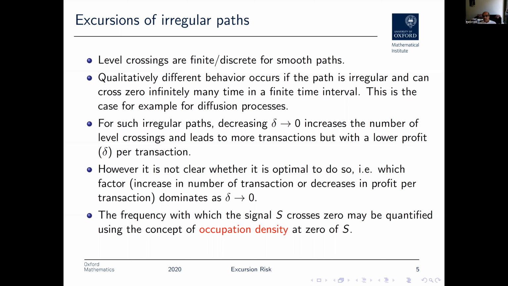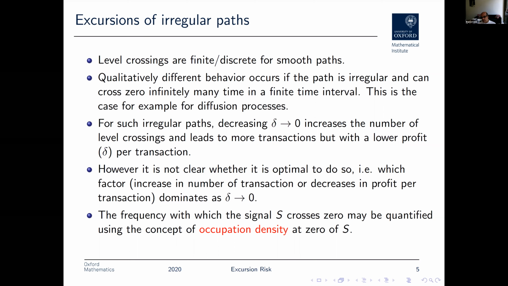So for paths like that, when we look at the behavior of these level crossings when the level goes to zero, the number of level crossings will increase when you decrease the level to zero. And if you look at how we define the strategies, we trade every time we cross the level delta. So this will lead to more transactions. So this will lead to the high frequency asymptotics of the strategy, high frequency trading.